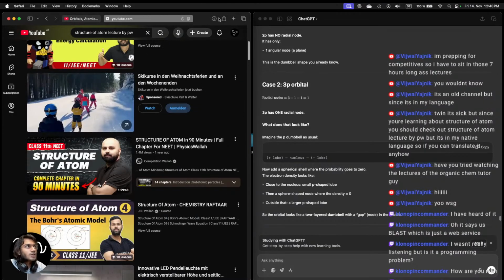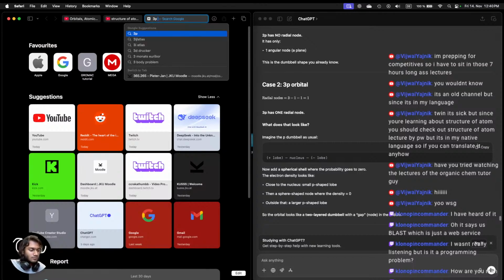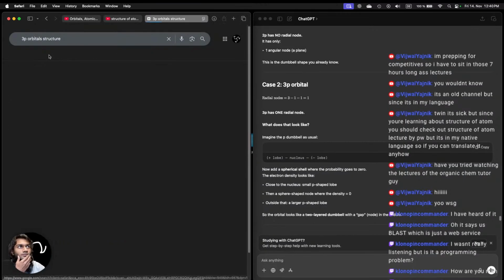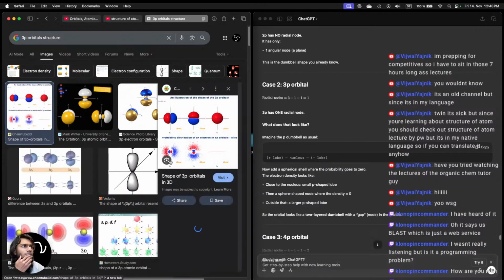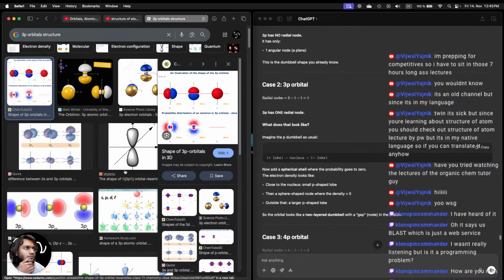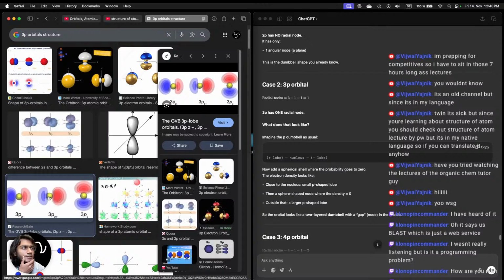Yeah, 3p orbitals, 3. Okay, the sphere is this one.